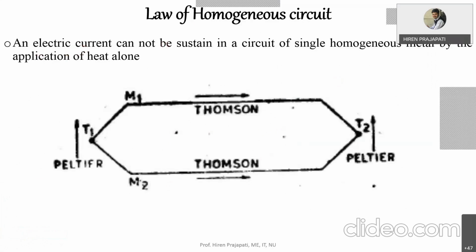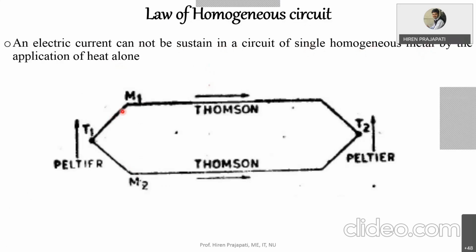So this is the law of homogeneous circuit. As per the principle, we need to go for two different materials, right? An electric current cannot be sustained in a circuit of a single homogeneous metal by the application of heat alone, right?